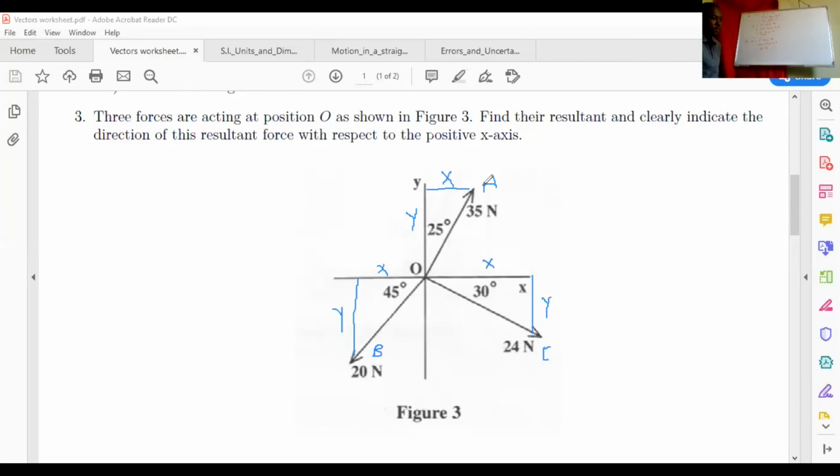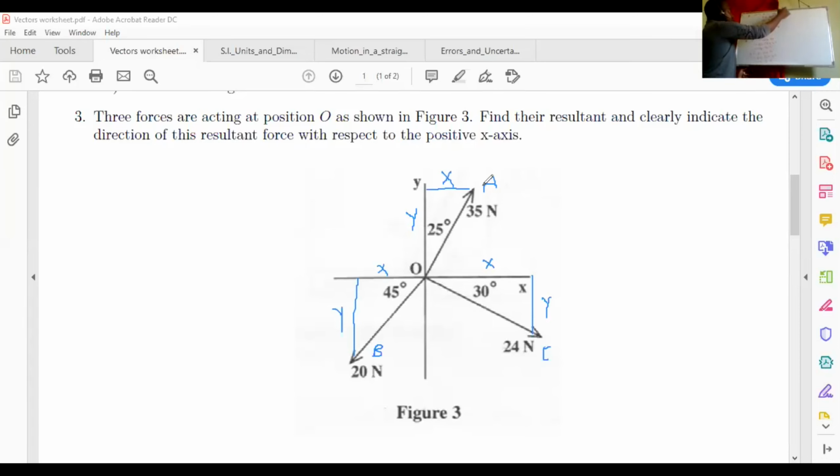Yes. 14.14. Yeah. And then for the Y, it would be F sine theta, so 20 sine 45, and it's the same answer, right? Yes, sir. 14.14 newtons. All right, so B, X is going to the left, so that is negative. Y is going down, so that's also negative.